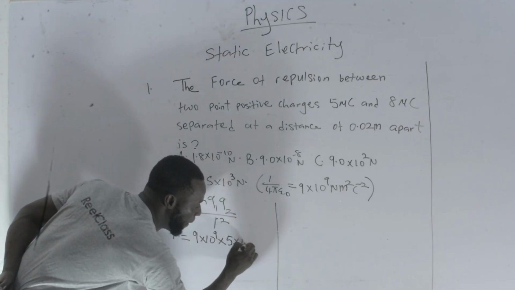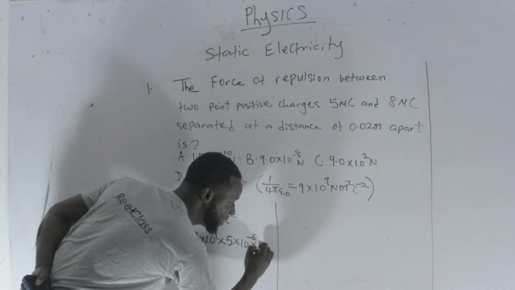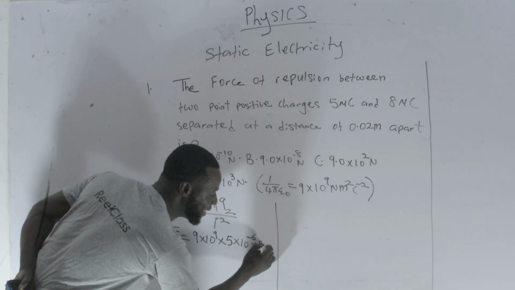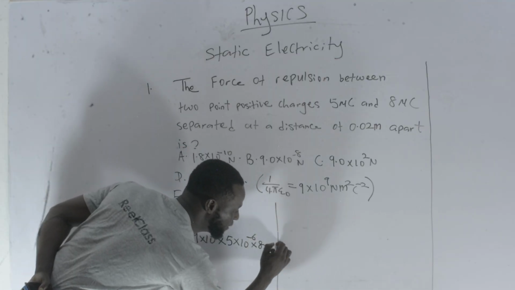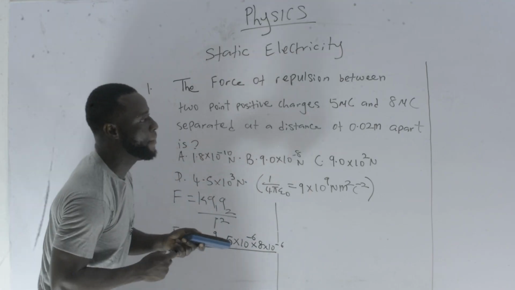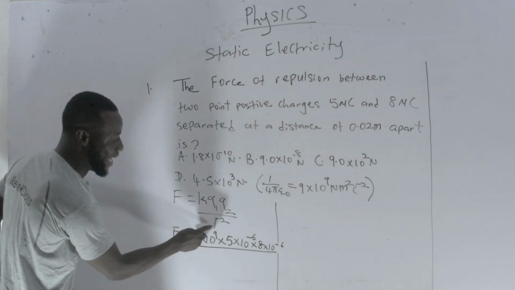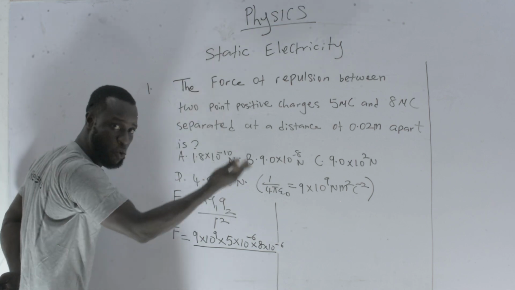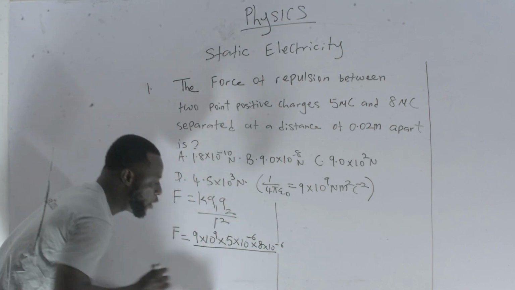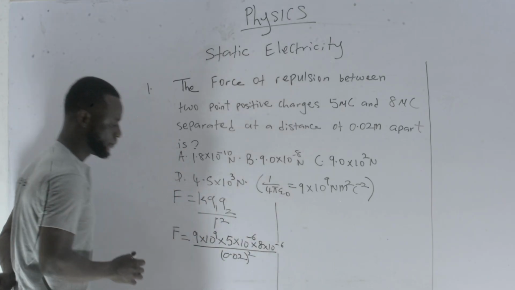So times 10 raised power minus 6 times the 8 microcoulomb, converted to coulomb, times 10 raised power minus 6, all divided by the distance apart, 0.02 meters. But remember, our formula is R squared, the square of the distance apart. So I would then say 0.02 all squared.